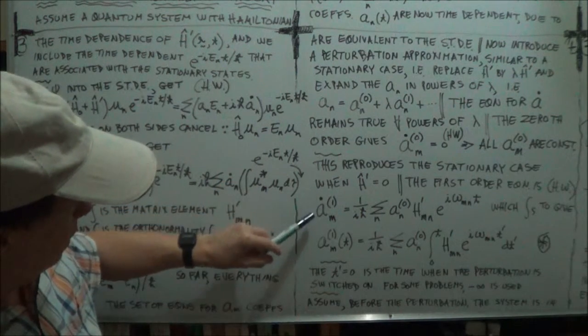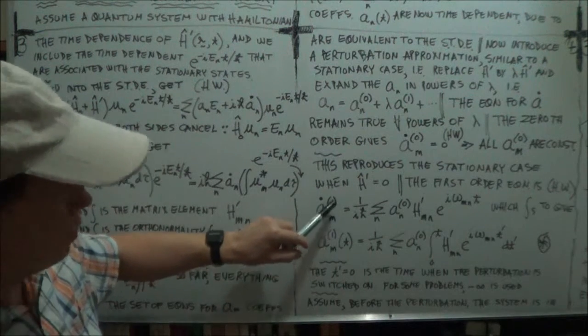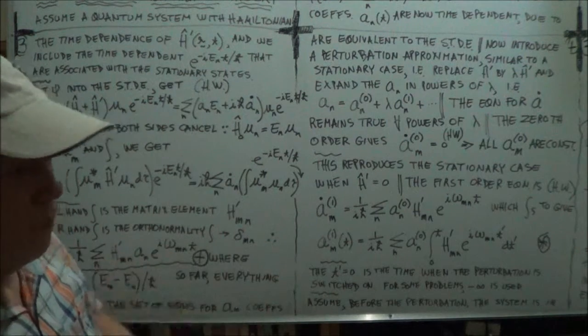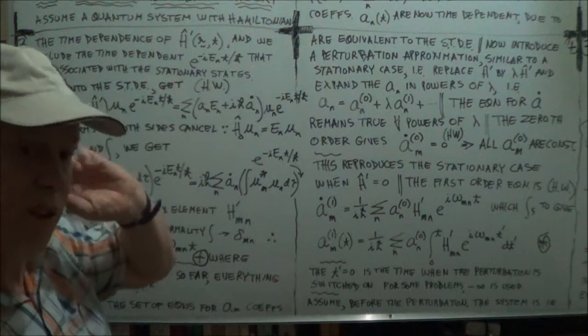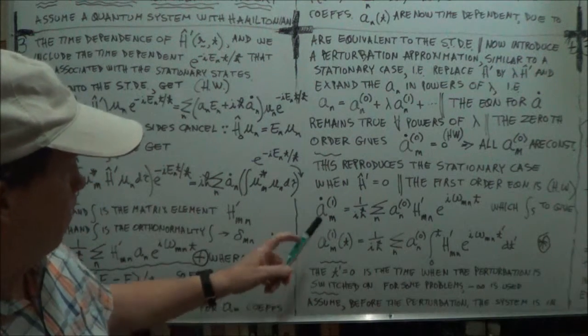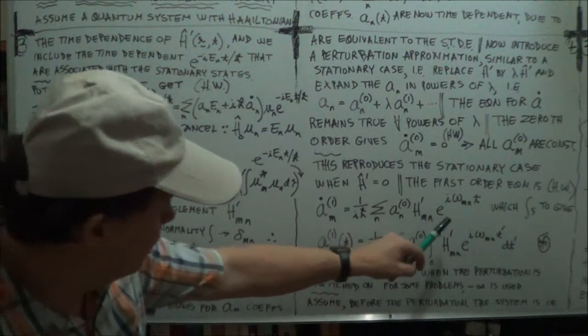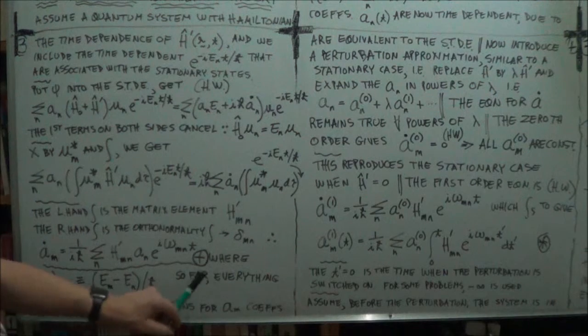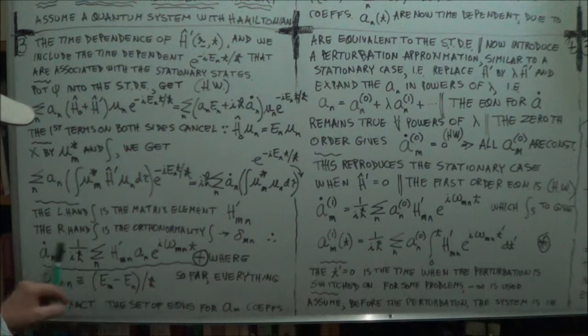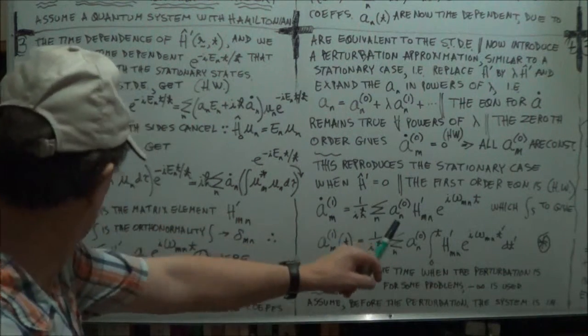So dA1, your first order correction for the A's, your coefficients of your U's, is something of this. Now you use your plus circle equation to derive this.